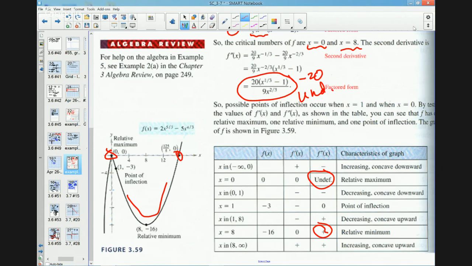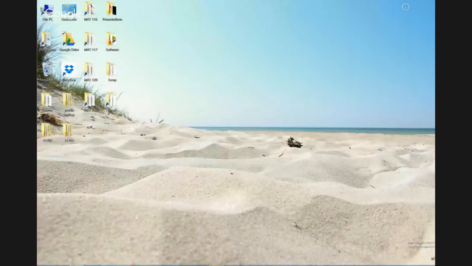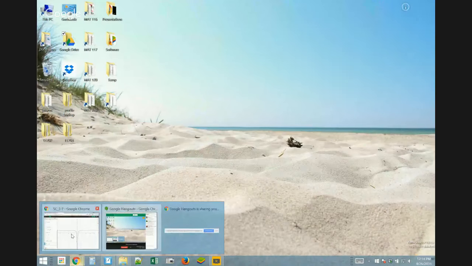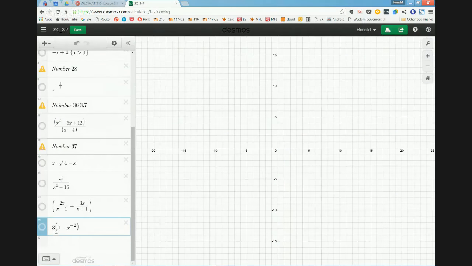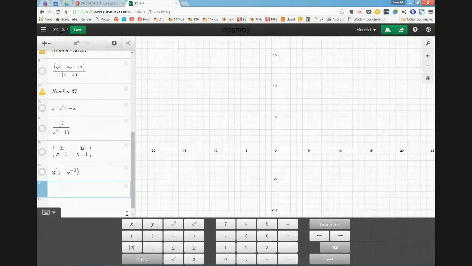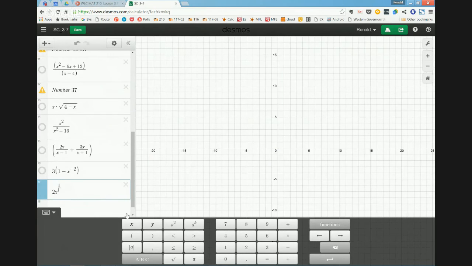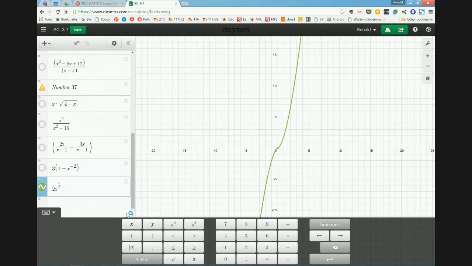Okay, so if we open Desmos, close that off. So we have 2x to the 5/3 power minus 5x to the 4/3 power.